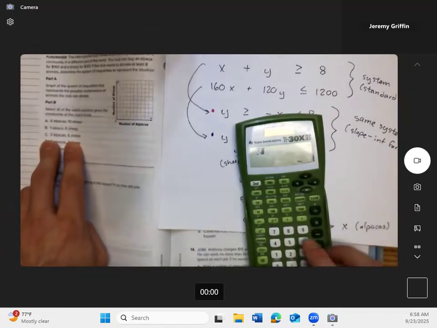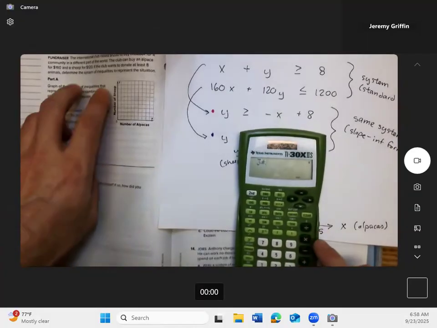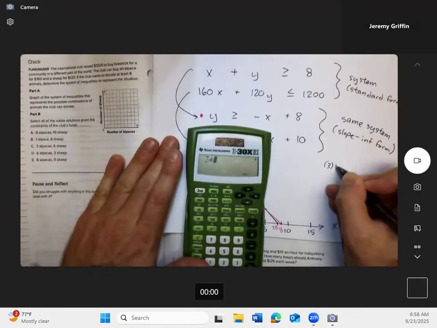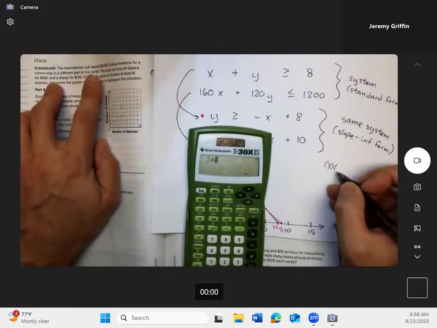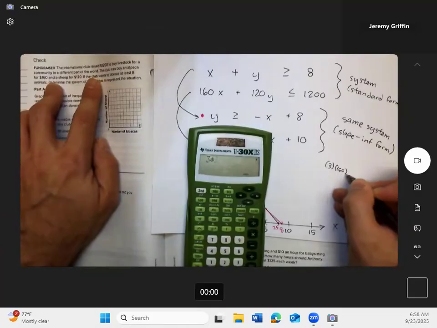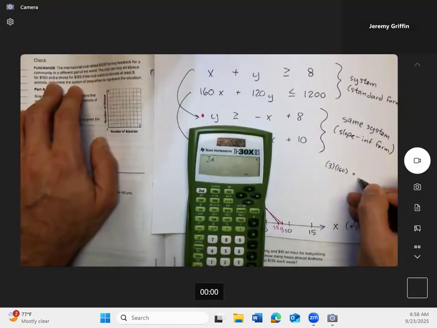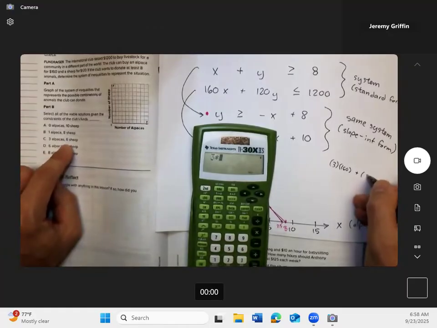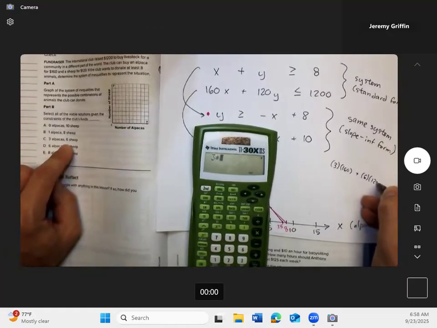So if I do 3 alpacas, let's spell it out over here. How much is an alpaca? $160. Plus they said 6 sheep at $120 a sheep.